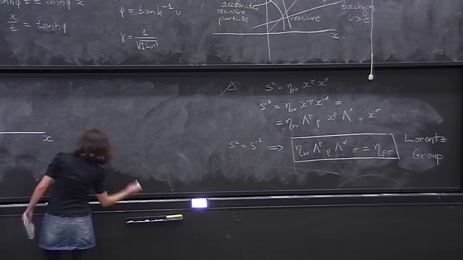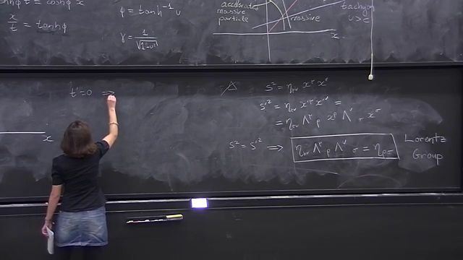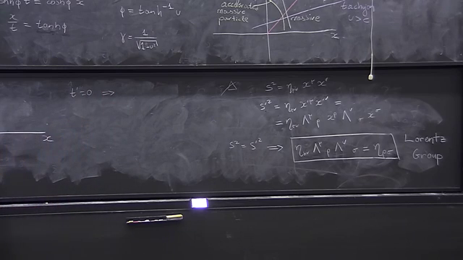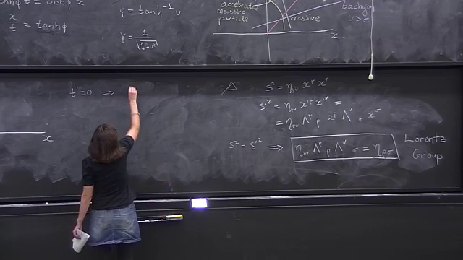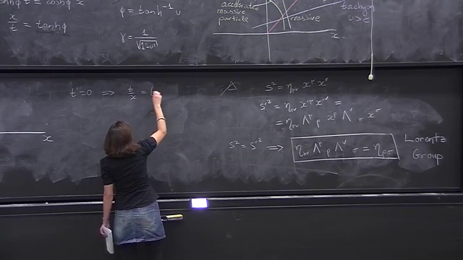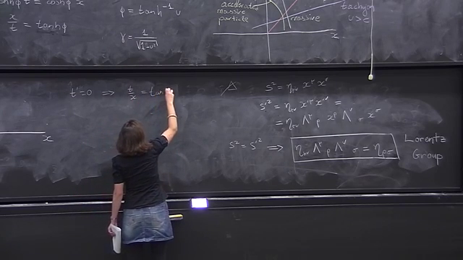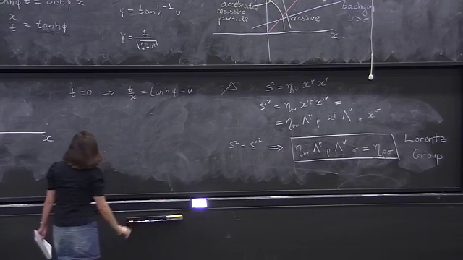Well, if I set t prime equals 0, I get t over x equals tanh phi, or v.